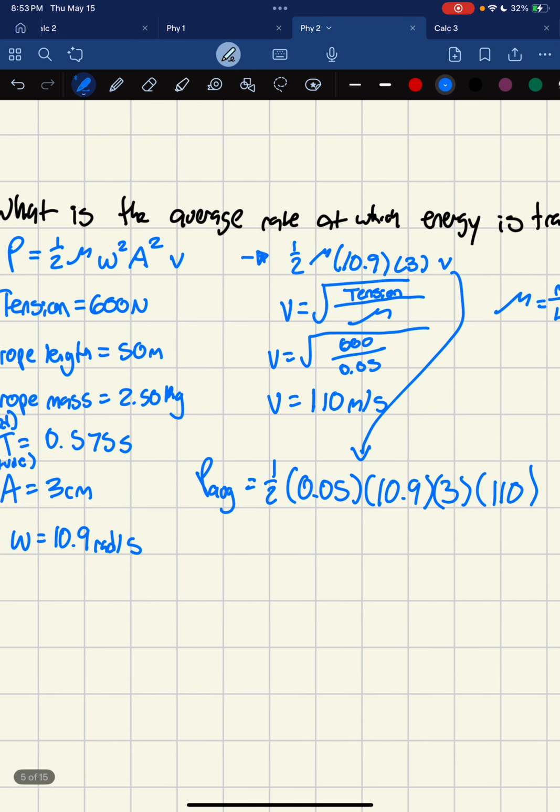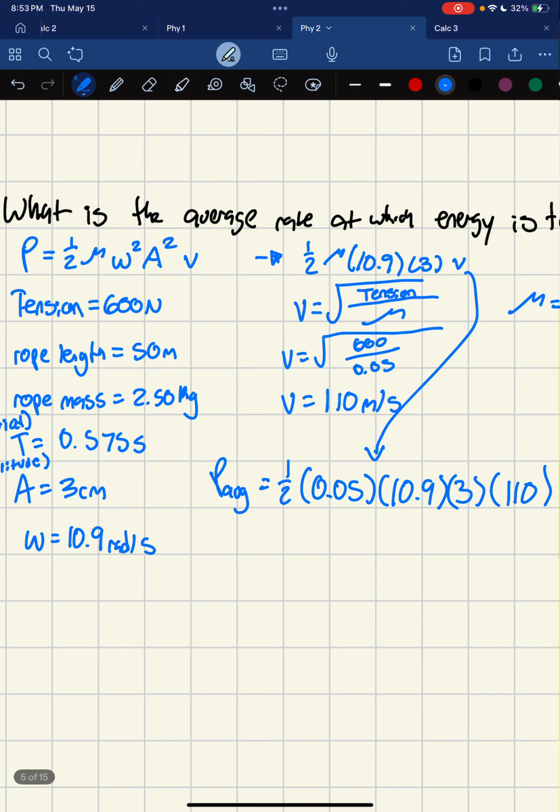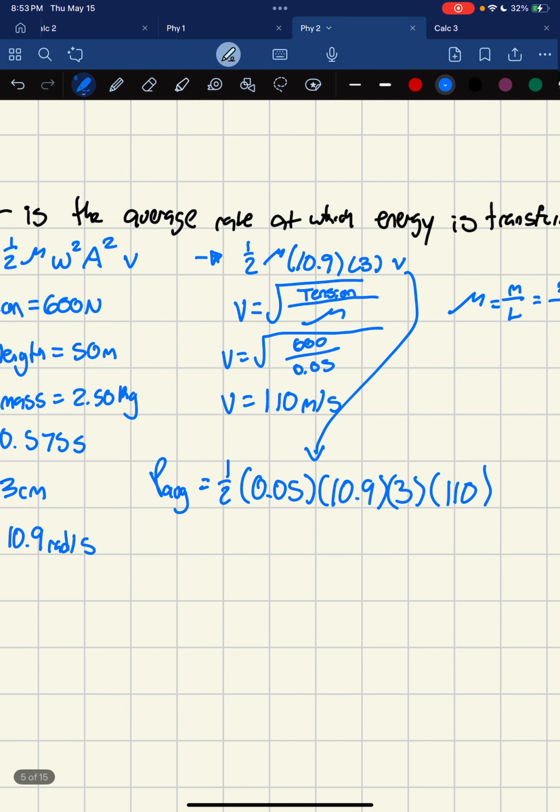No, wait, I forgot that this is squared. My angular frequency is squared, and so is my amplitude.